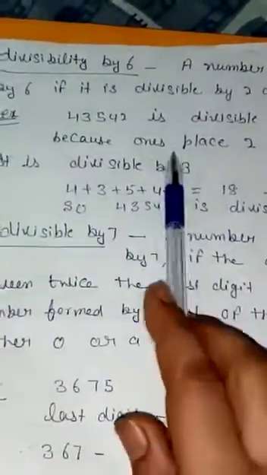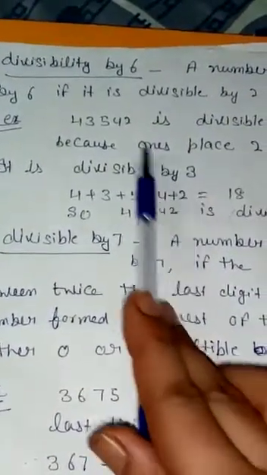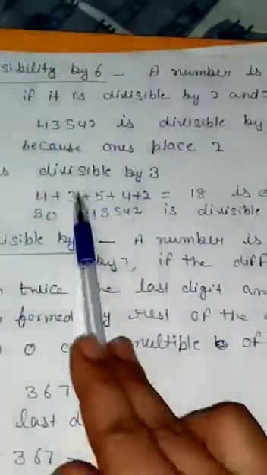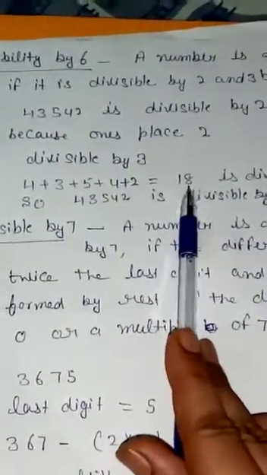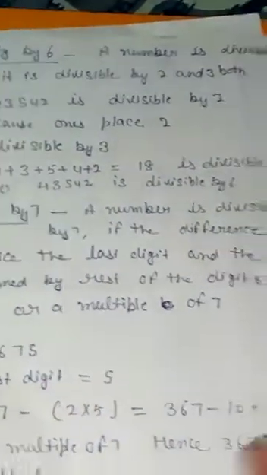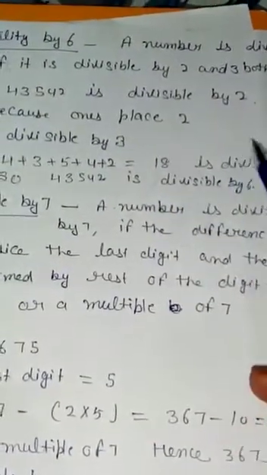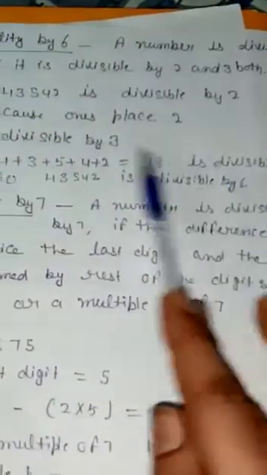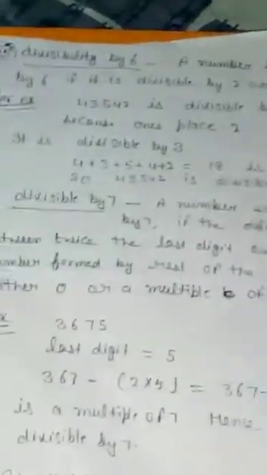According to the rule of divisibility by 3, we add the digits: 4 plus 3 plus 5 plus 4 plus 2 is 18. Yes, 18 is divisible by 3. So 43,542 is divisible by 6, because the rules for 2 and 3 are both satisfied.